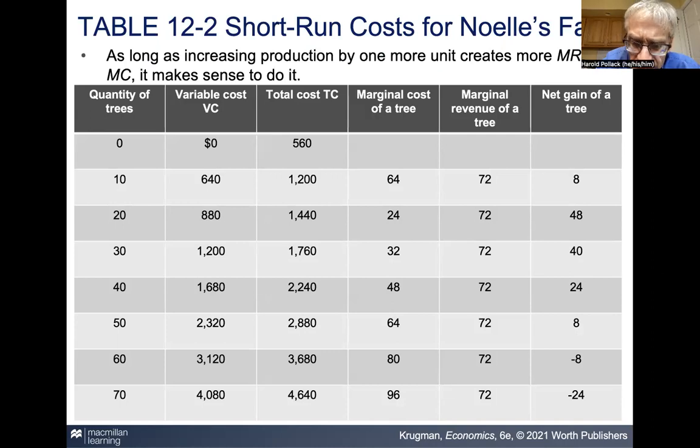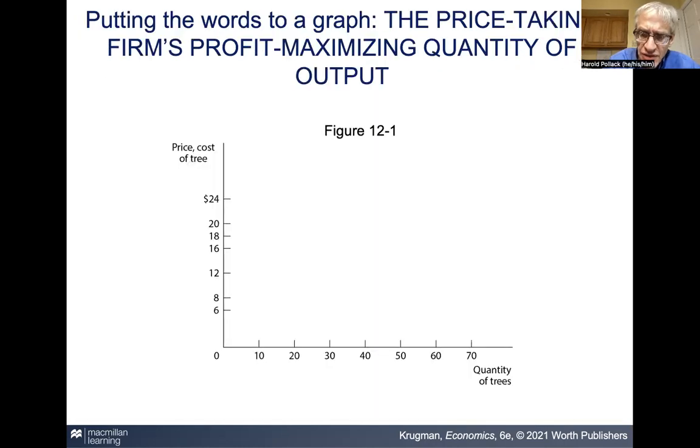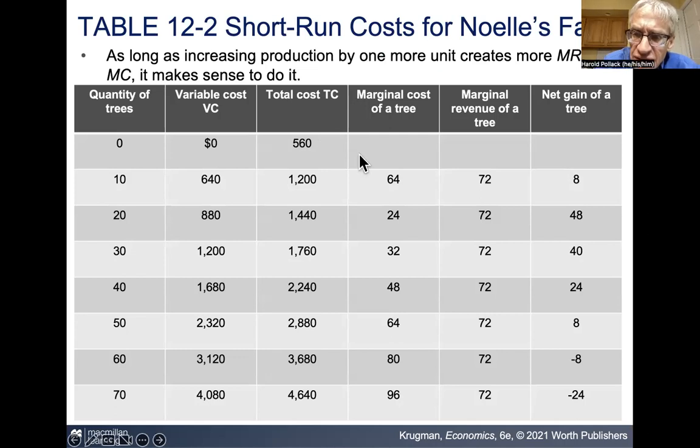So in this particular case, what am I going to do? What's my optimal production level? Well, let's think about this. Let's say I start out producing 20 trees. And I say, well, what if I go up to 30 trees? Well, I'm going to get $72 for every tree that I sell. And it's only costing me about $32 a tree to make more trees. So I keep increasing that. But then I get up to 50 and I think, should I go from 50 to 60?